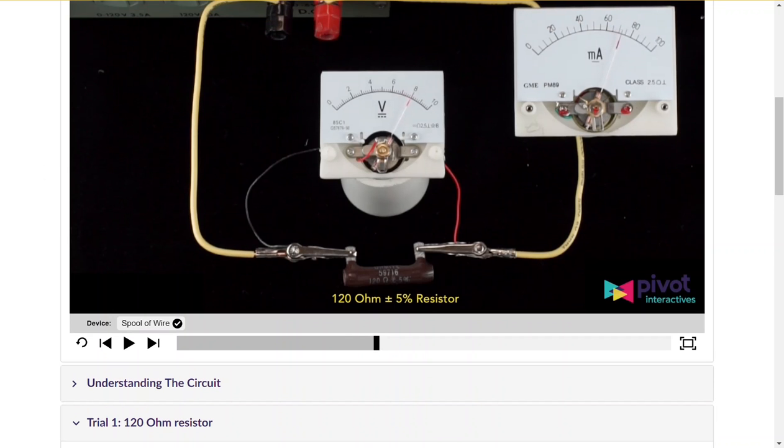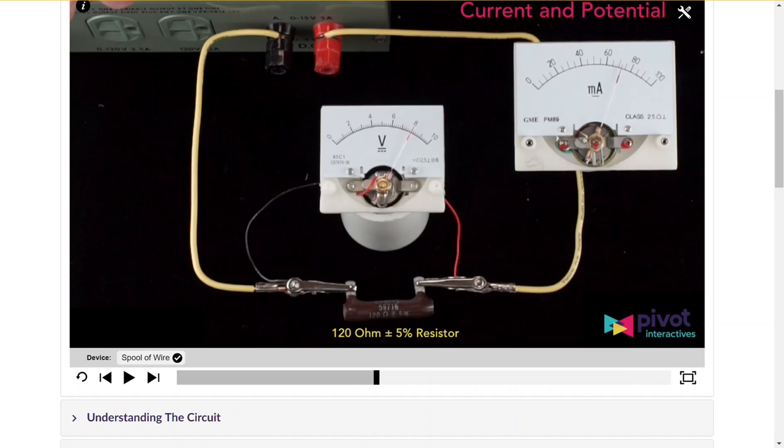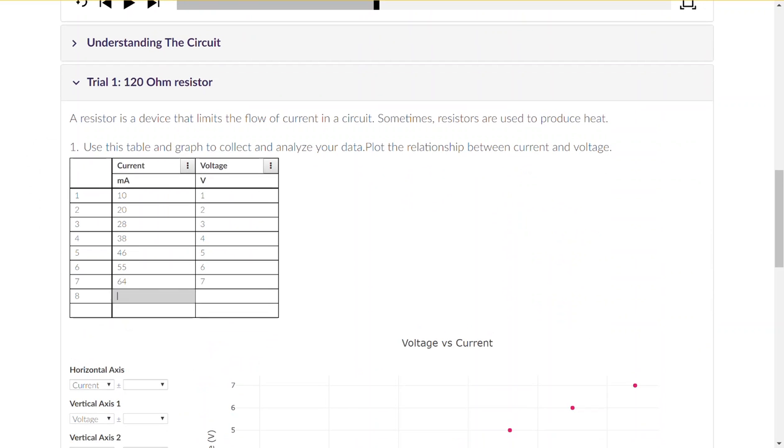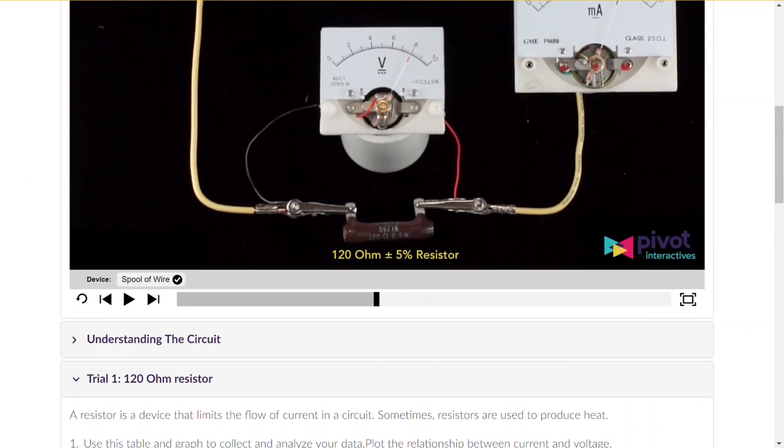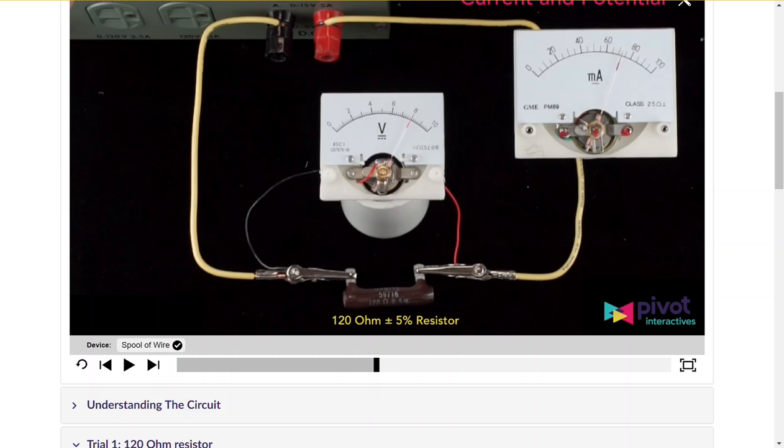8 volts, 8 volts. 8 volts like 72, 73. Only a little further to go.